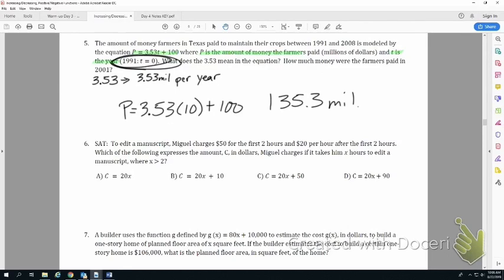C. Okay. On C, you got that one-time charge of $50 plus an additional 20 per hour, where x has to be greater than 2. Okay. That's extra information that you don't necessarily need to be able to put that together.